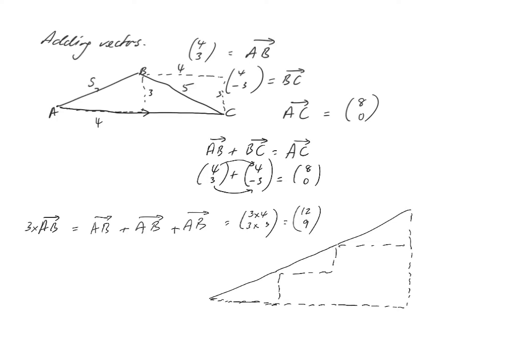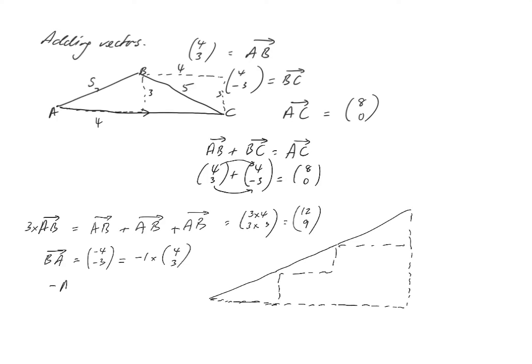You can have negative numbers as well, and what that does is actually just changes the direction. So for example, if I want to go from B to A, okay, well, we know that that's going to be -4, -3, okay, because we need to go left 4 and down 3. But that also equals -1 times 4, 3.